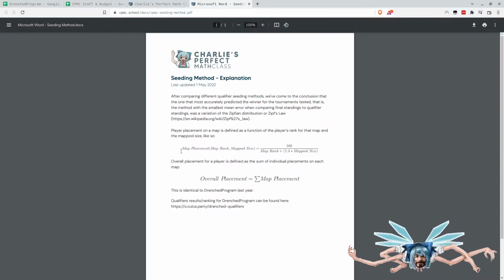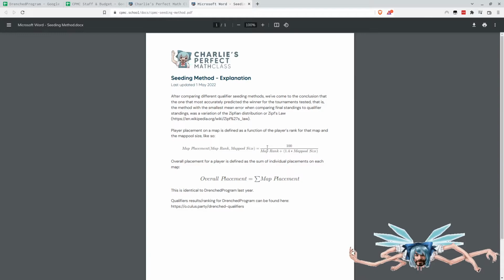So what it takes is the rank you got on a map, and then it essentially divides your placing. Let's say first place gets 1 point, second place would get half a point, third place would get 1/3 of a point, and so on.